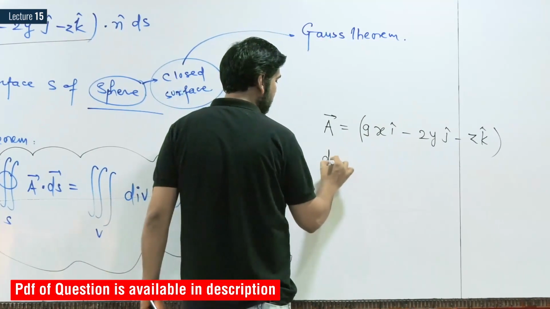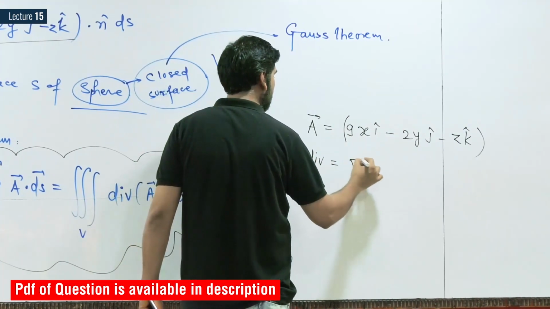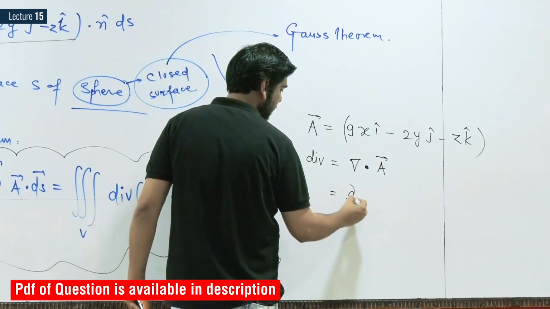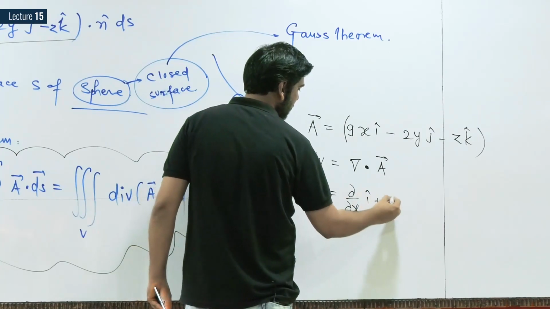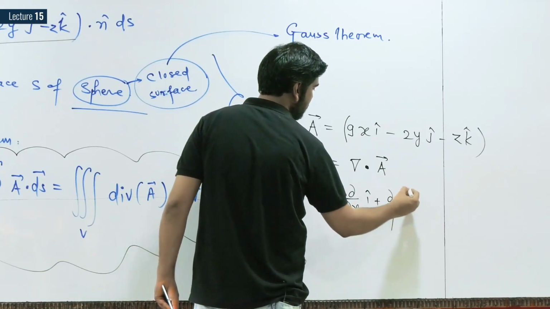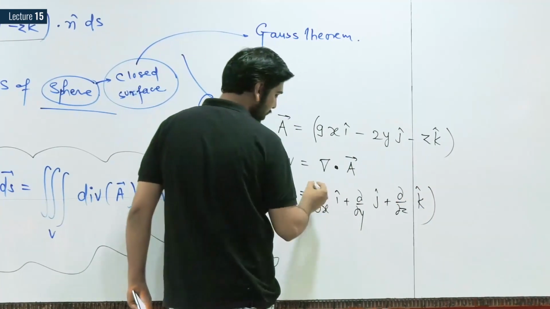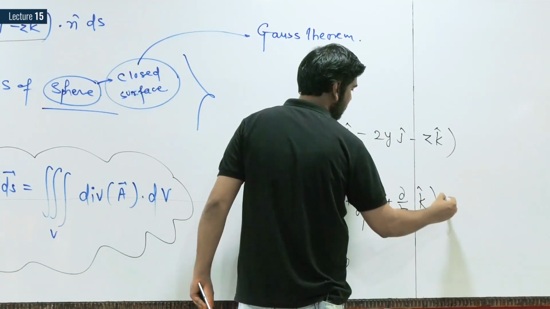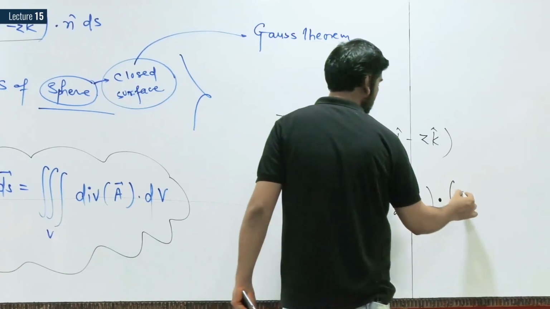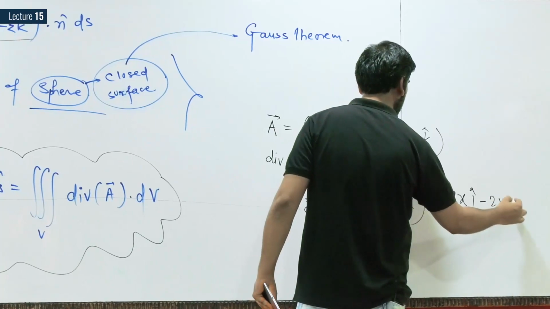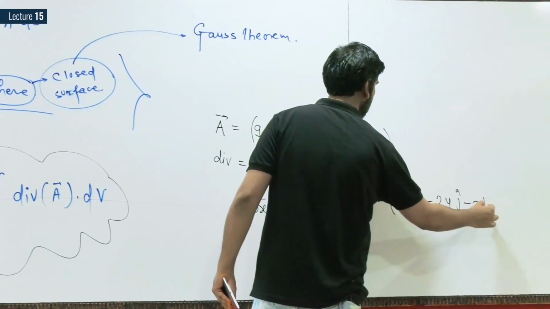So what will be the divergence? Divergence is nothing but the del operator's dot product. So what is the del operator? Del by del x i cap plus del by del y j cap plus del by del z k cap, dot product with this function, 9x i cap minus 2y j cap minus z k cap.